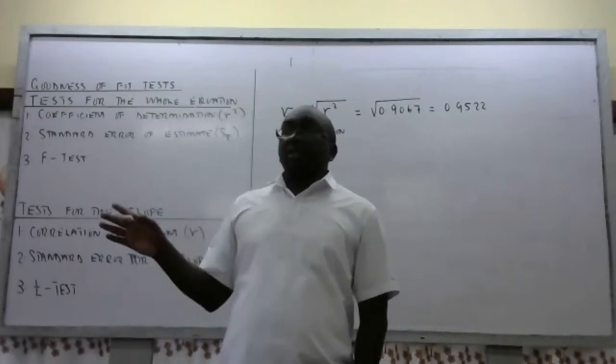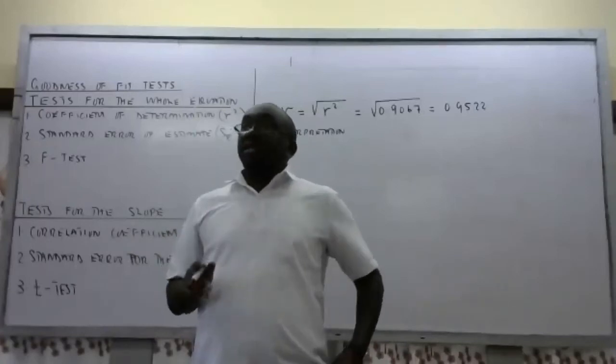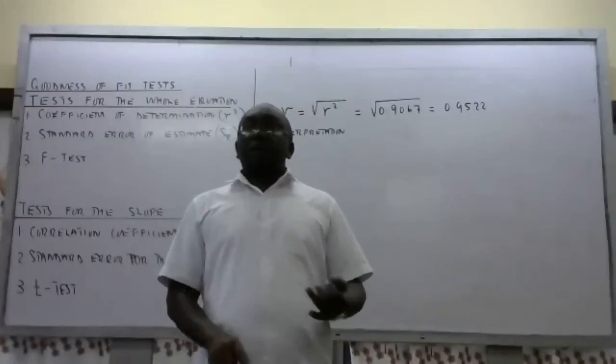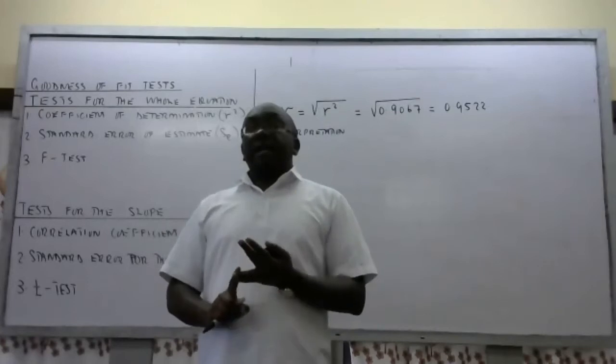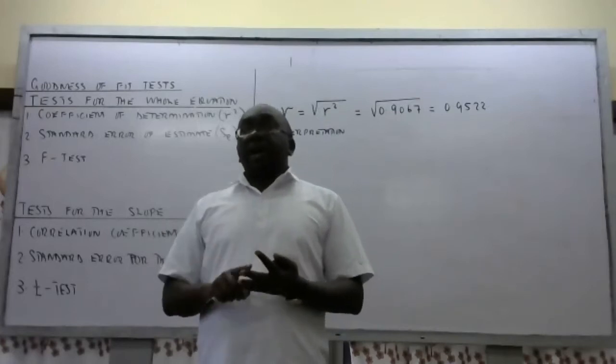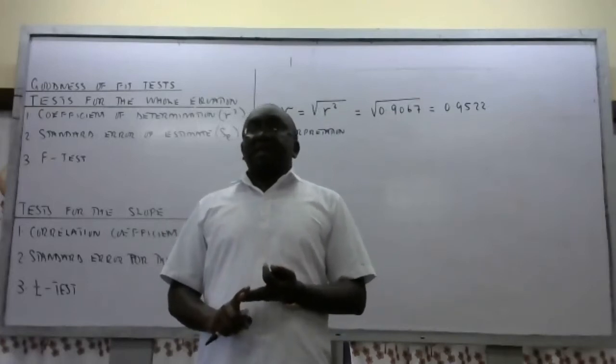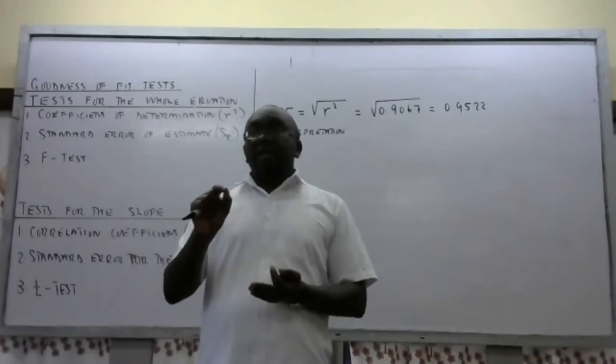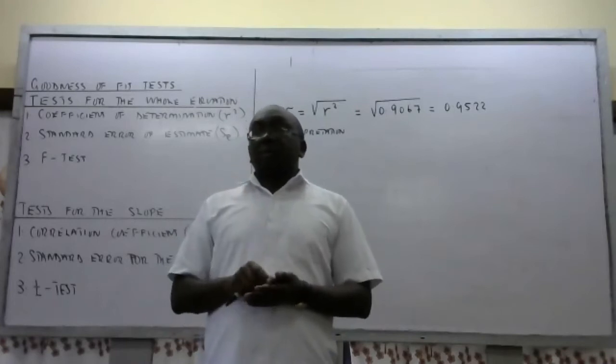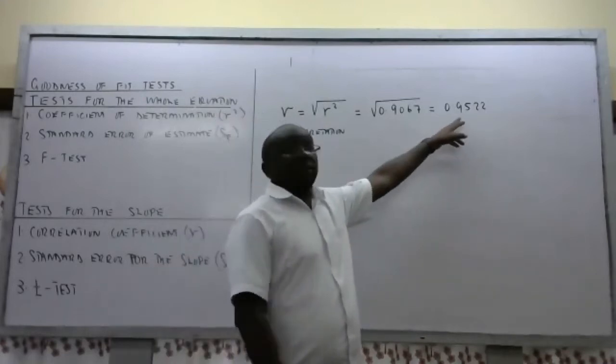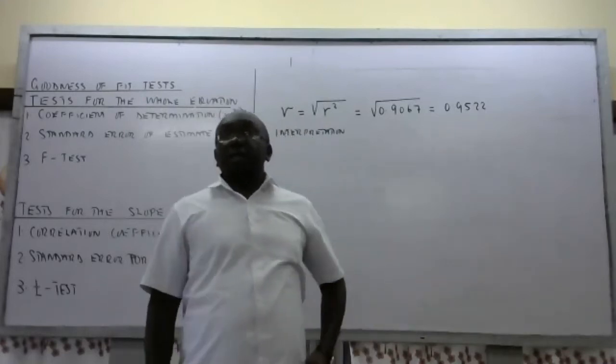When we introduce R, it shows the type of relationship. Now that it is positive, that's why we are saying direct. And it also shows the strength, where we say the closer to 1 it is, the stronger the relationship. So I see this one is close to 1, so it suggests a very strong relationship.